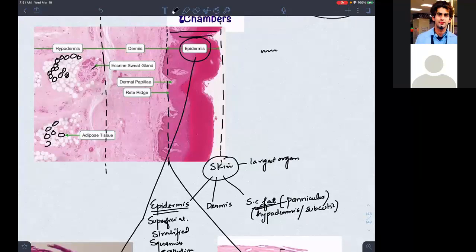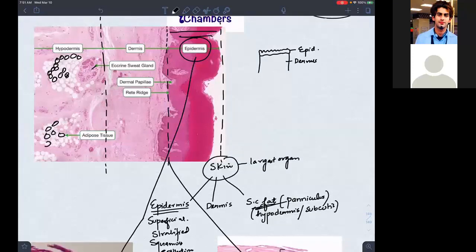So outside is epidermis. Very good. Sir, after epidermis comes the dermis. Very nice. But sir, there is a point, a junction where epidermis is coming in contact with the dermis.